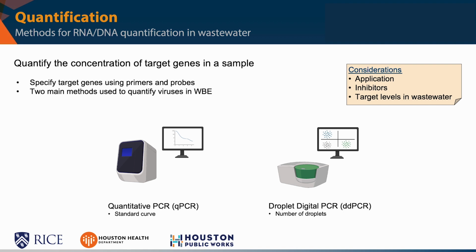These are quantitative PCR, or qPCR, and droplet digital PCR, or ddPCR. qPCR is considered a gold standard approach for quantifying microbial targets in wastewater, with ddPCR being a new technology that is gaining much attention in WBE due to some advantages it has over qPCR.